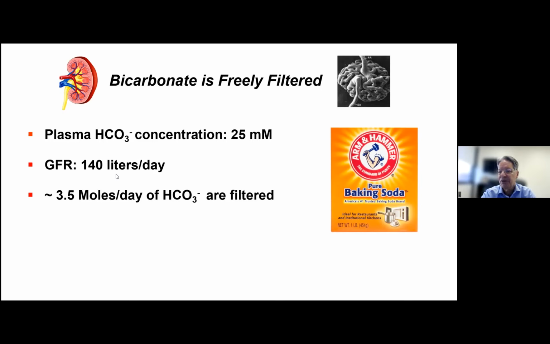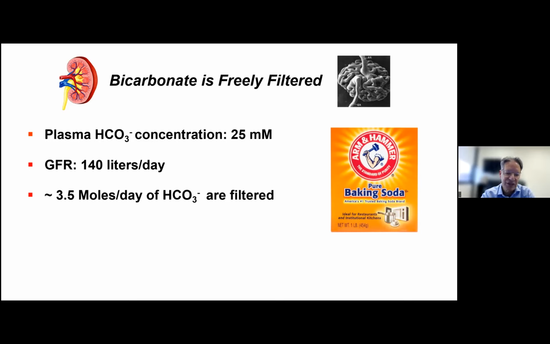So we filter about 72-liter bottles of Coca-Cola, if you want to think of it like that, every single day. In each liter is 25 millimoles. If you multiply the two together, you will end up with how much bicarbonate is coming through all our glomeruli, and that works out to about 3.5 moles a day, which is a bit less than a box of Arm & Hammer baking soda.